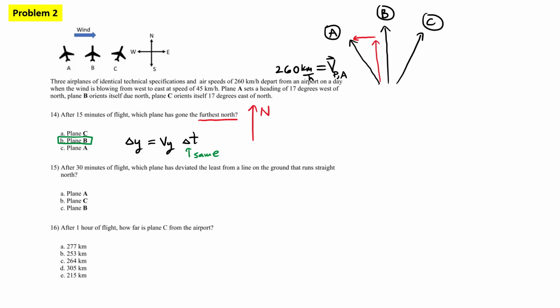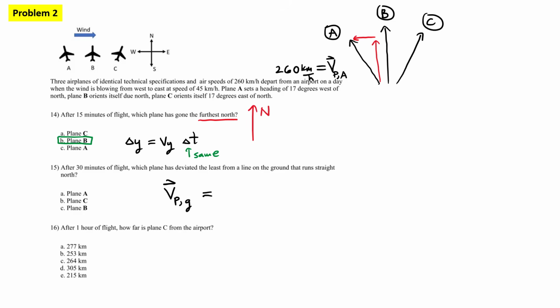The next problem says, after 30 minutes, which plane has deviated the least from a line on the ground that runs straight north? All right, so again, what we really got to think about is, what is the velocity of the plane relative to the ground for each one of those cases?